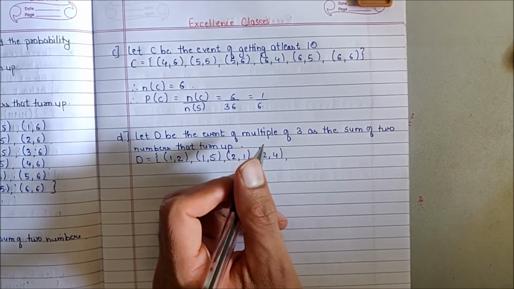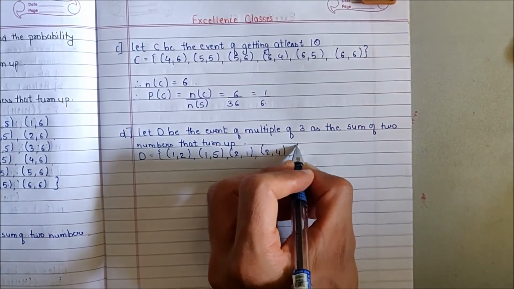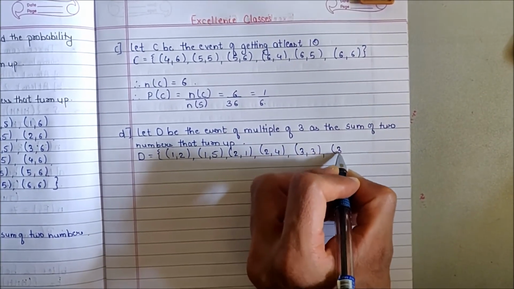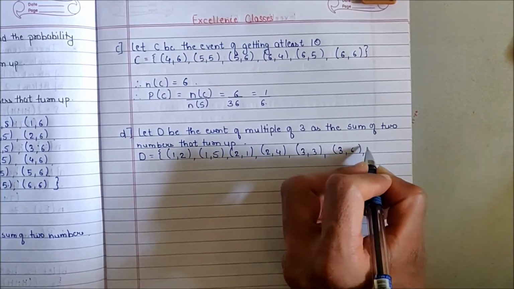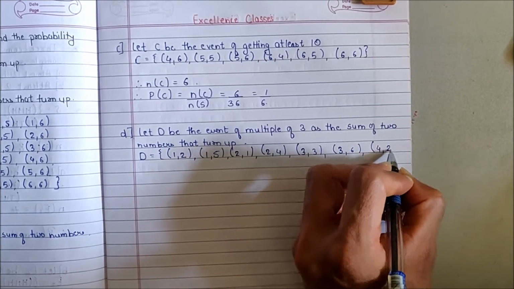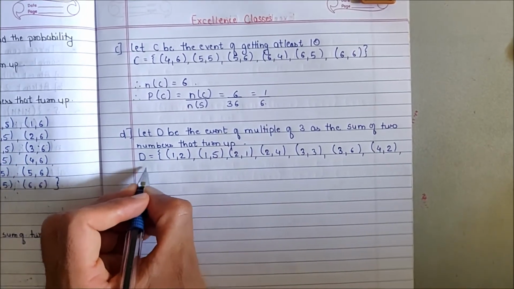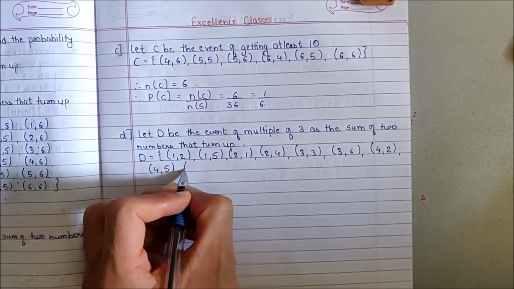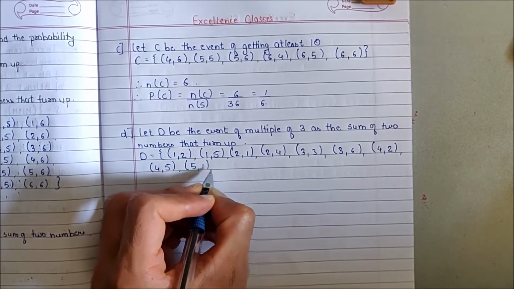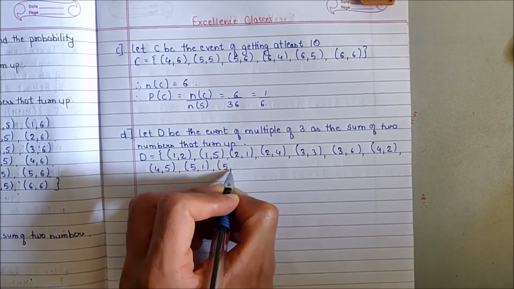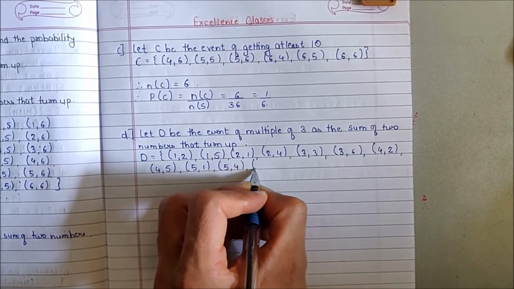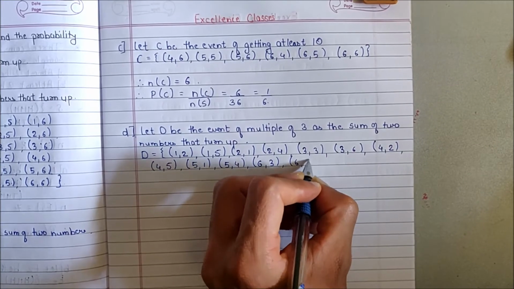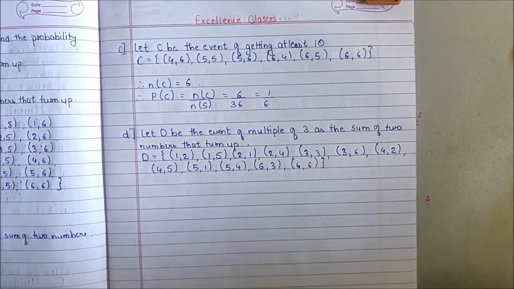The sum of two numbers is a multiple of 3. If you go on checking this, 3, 3; 3, 6. Next what I can have is 4, 2; then 4, 5; 5, 1; 5, 4; 6, 3 and 6, 6.